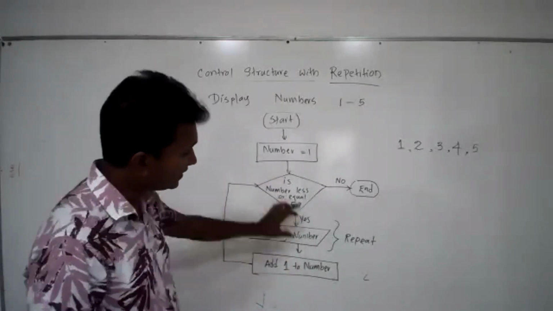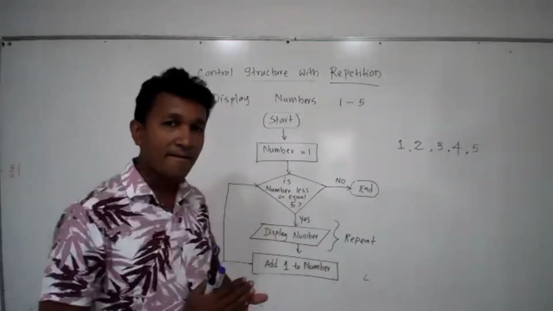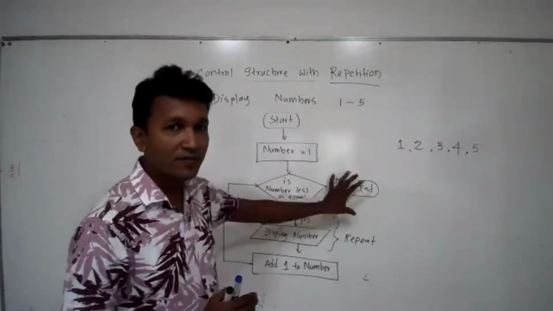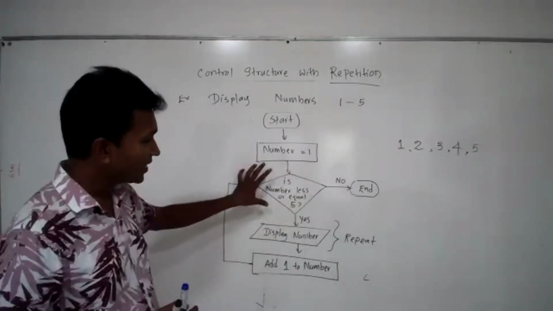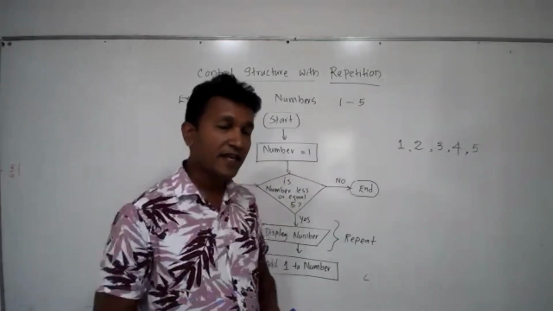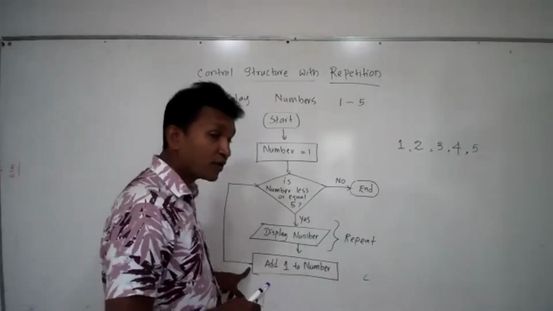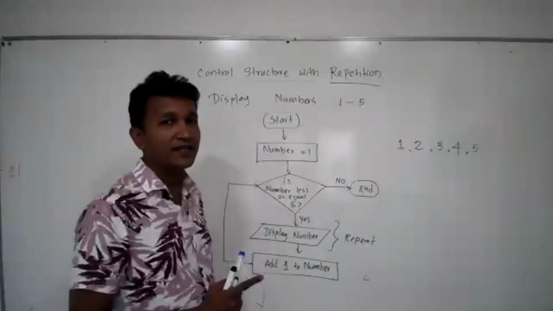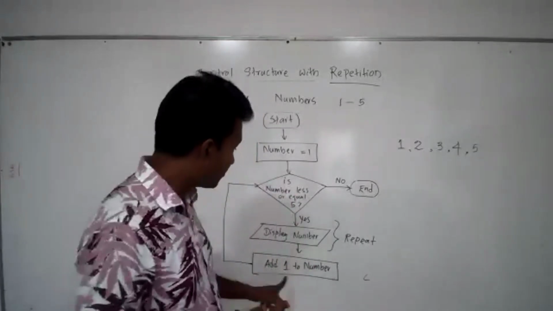Again and again we check the condition until it becomes 5. When it becomes 6, we end the program. That means this condition is not true. This is a kind of repetition. Remember, in repetition, we can see the flow is going from bottom to up. පහළ ඉඳන් උඩට flow එකක් යනවා නම් flow chart එකේ definitely there is a repetition from bottom to top.